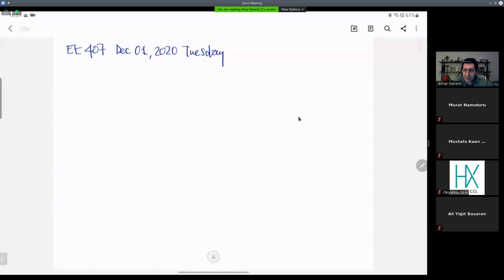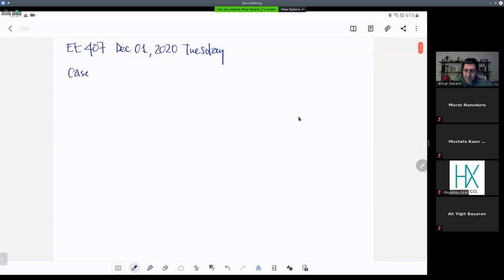Let's call this case 4, our proportional integral controller, where we combine the proportional gain with an integral gain.